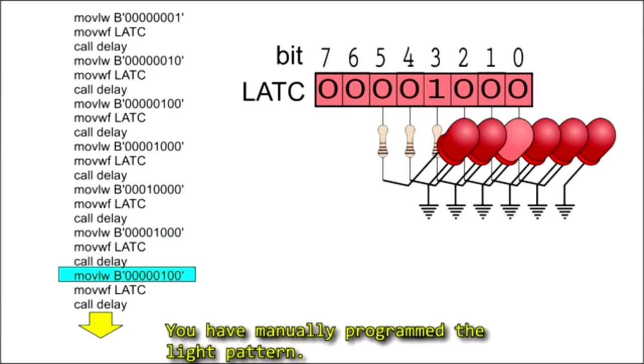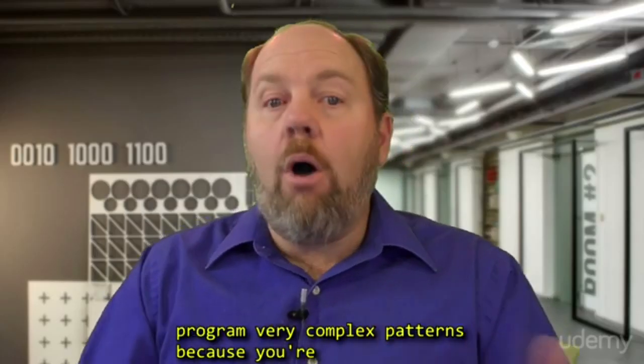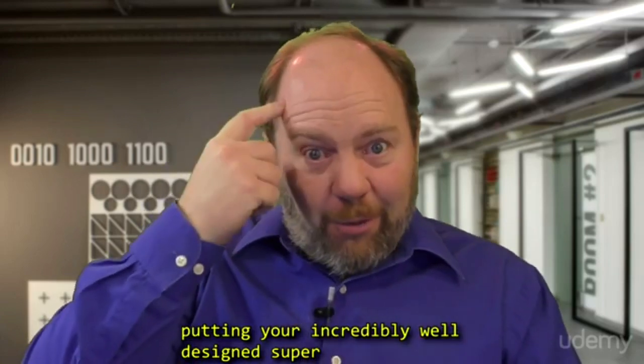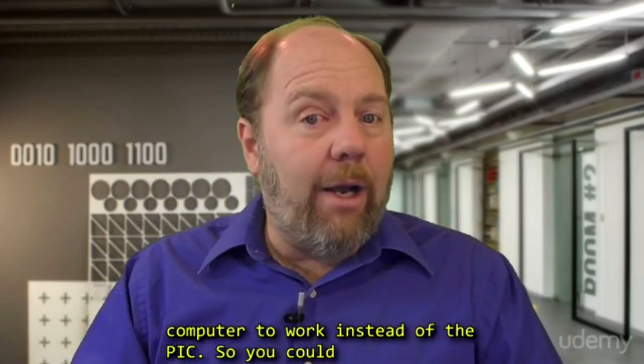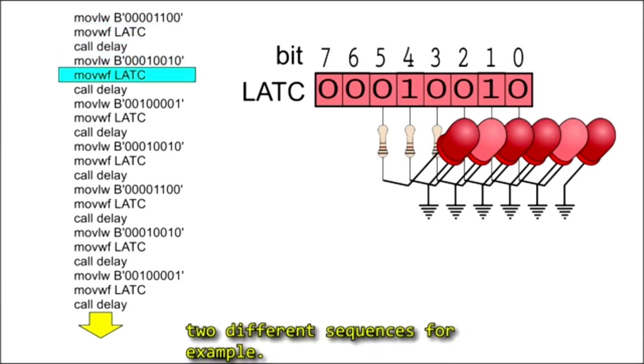You have manually programmed the light pattern. This has one advantage in that you can simply program very complex patterns because you're putting your incredibly well-designed supercomputer to work instead of the PIC. So you could easily make a pattern of multiple lights going in 2 different sequences, for example.